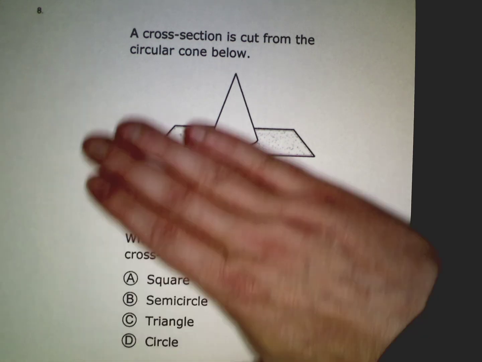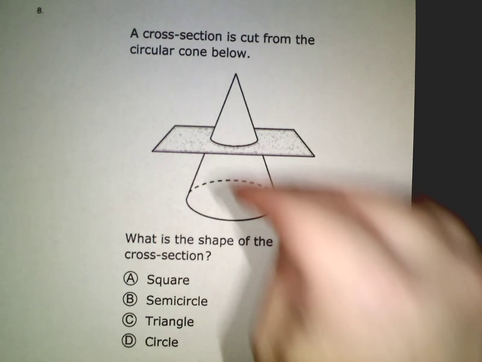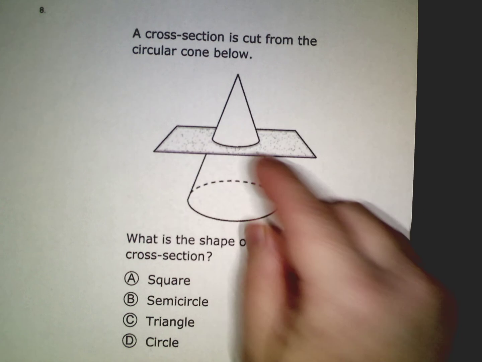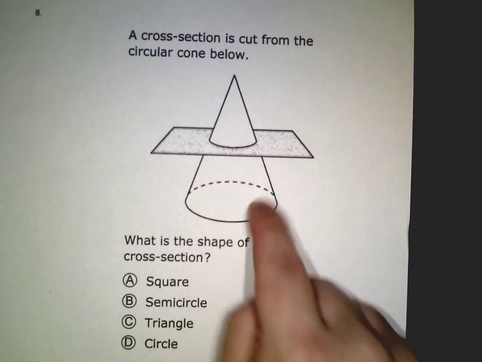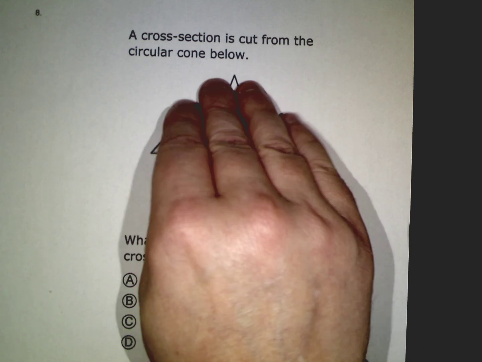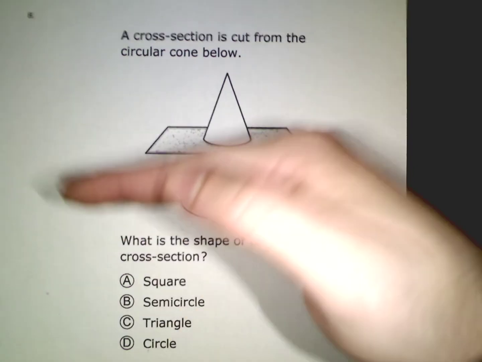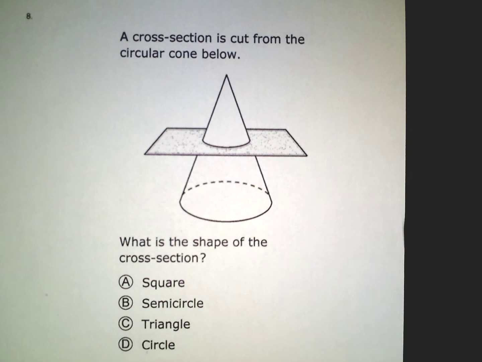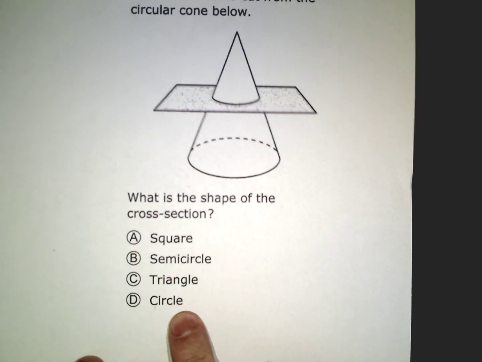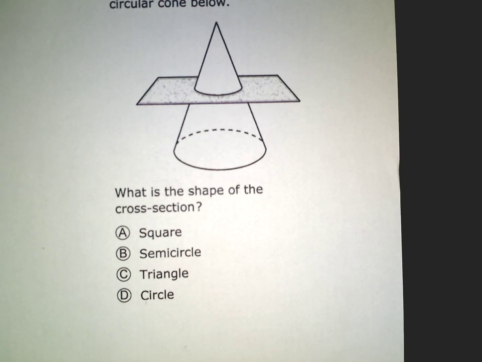Here it is cutting nice and straight across. Now you have to imagine what would happen if you took this top off and you looked at it like this. Well, if you cut here, what shape is here? There's a circle, right? So as you keep cutting straight across this way into the page, you make circles that get smaller and smaller and smaller. So the answer is D, a circle.